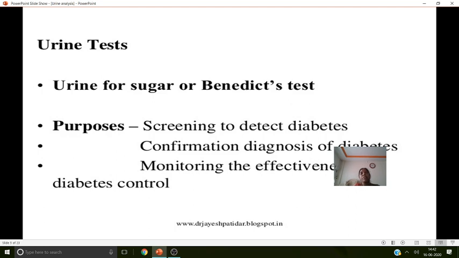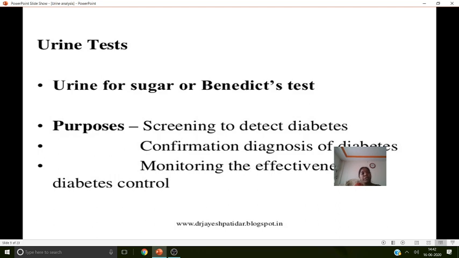Now let us come to the urine tests. What are the different urine tests regularly performed on persons to detect any changes? First, urine for sugar, which we call Benedict's test. The purposes of this test are screening to detect diabetes, confirmation of the diagnosis of diabetes, and monitoring the effectiveness of diabetic control.